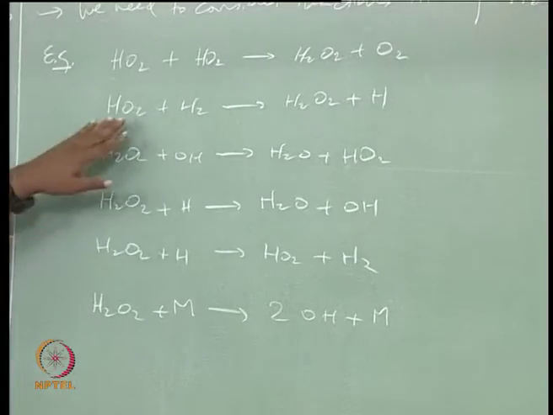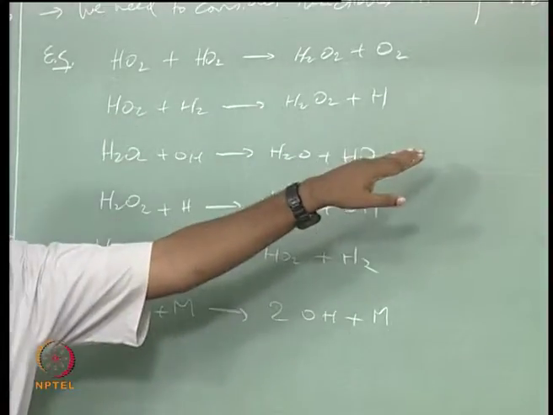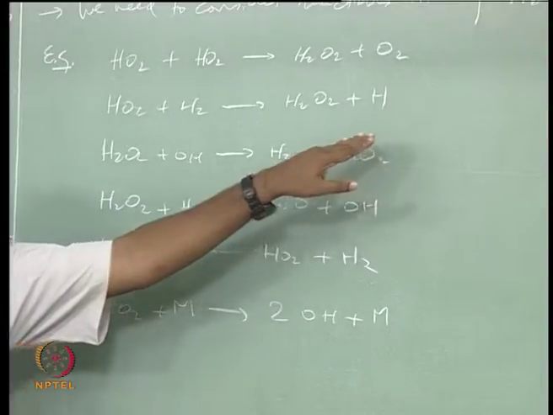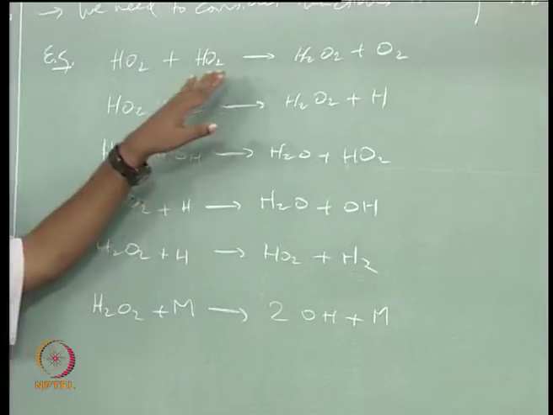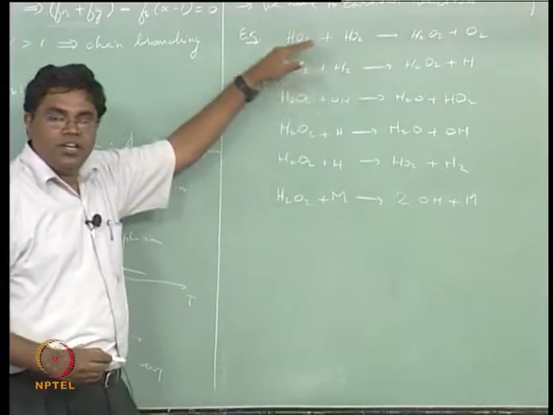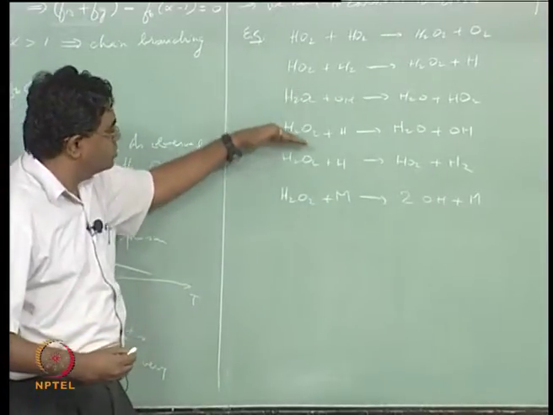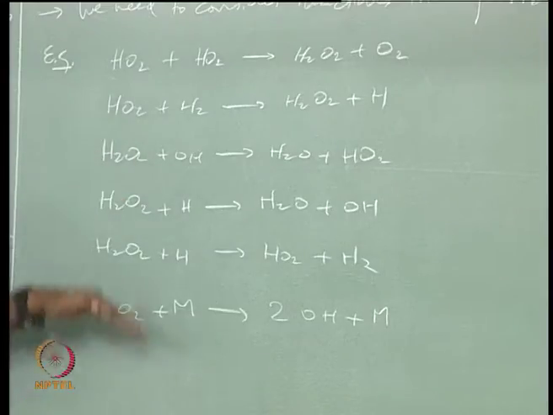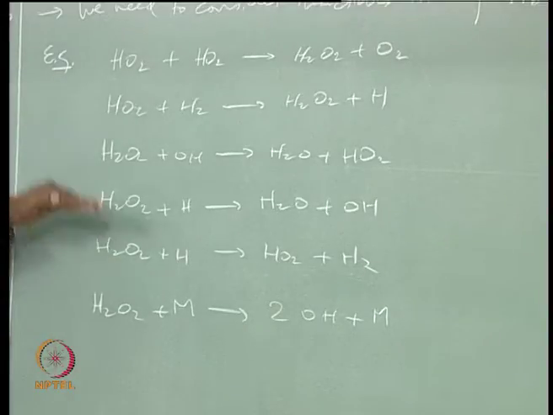So you could now say HO2 plus H2 produces H2O2 plus H. Alright, now this is another chain branching, right, and it now produces a new intermediate H2O2, which could now get consumed in a succession of steps. And notice that this, for example, is a reverse of that.